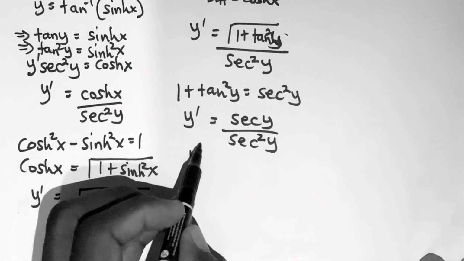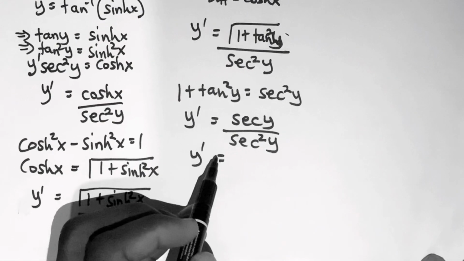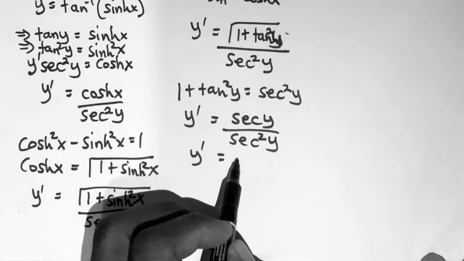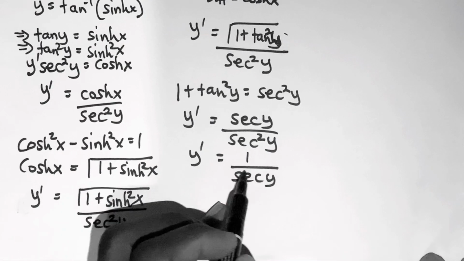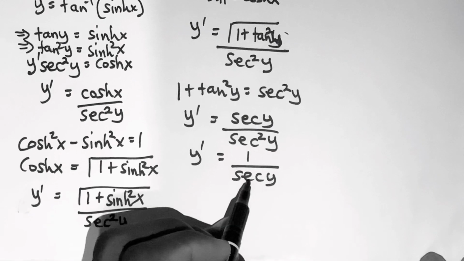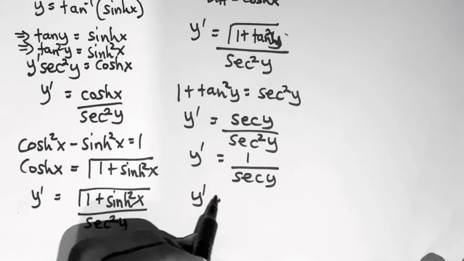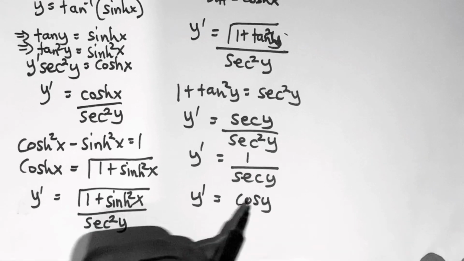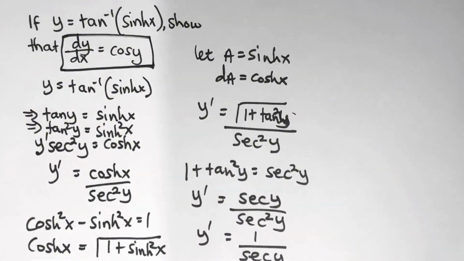This sec y will cancel one of the sec y at the denominator, so we'll be left with 1 divided by sec y. And 1 divided by sec y is equal to cos y. Therefore, y prime is equal to cos y. And that is exactly what we were asked to show from the proof.